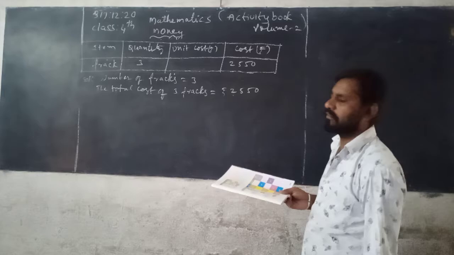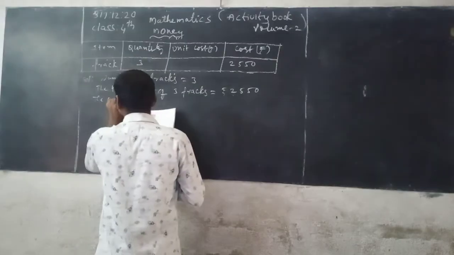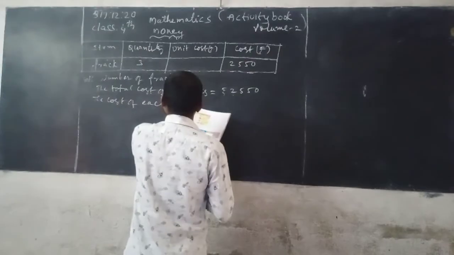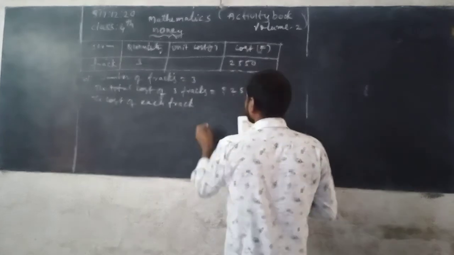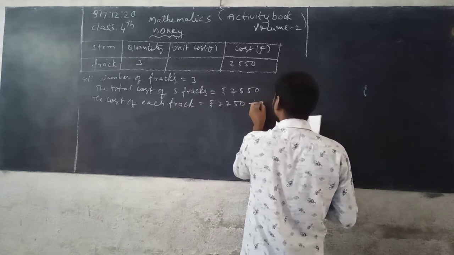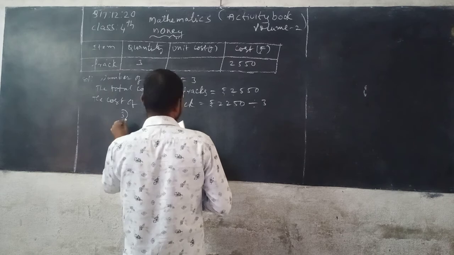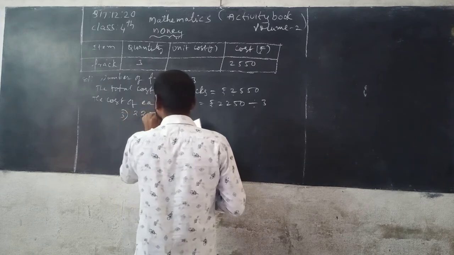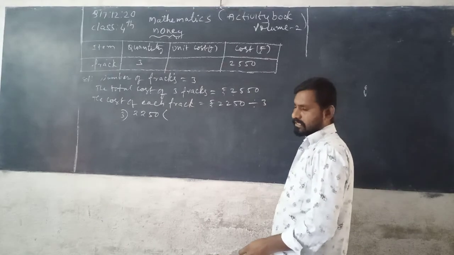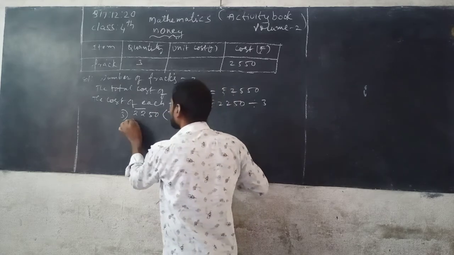Means you have to take divide. So how many digits you have to take from left to right side? 3 digits. Sorry, 2 digits. See 22. 3 7s are 21.